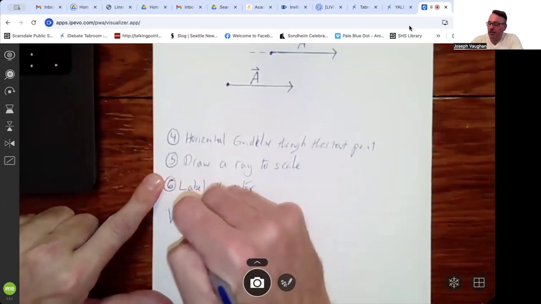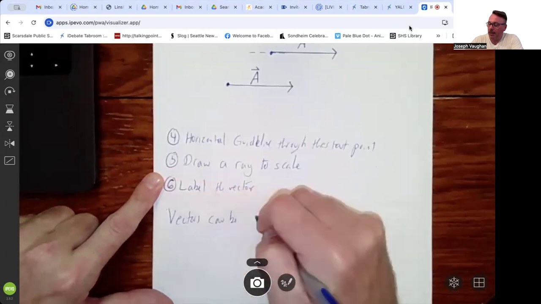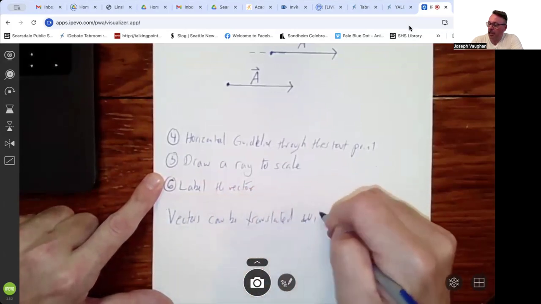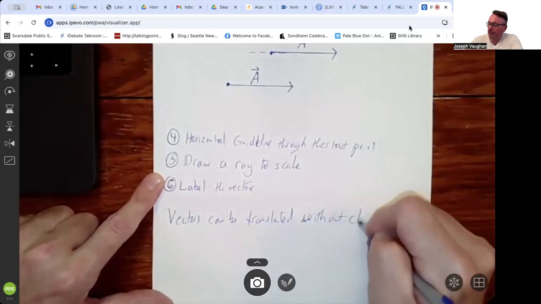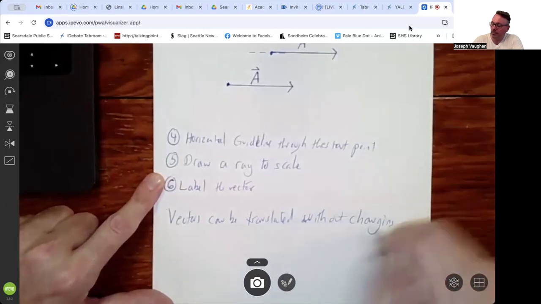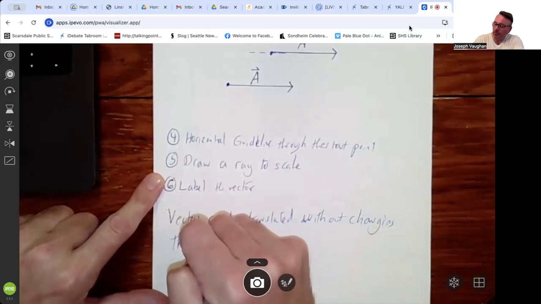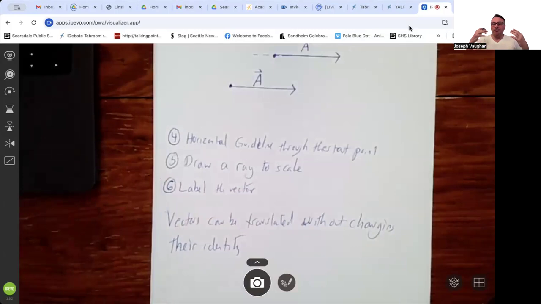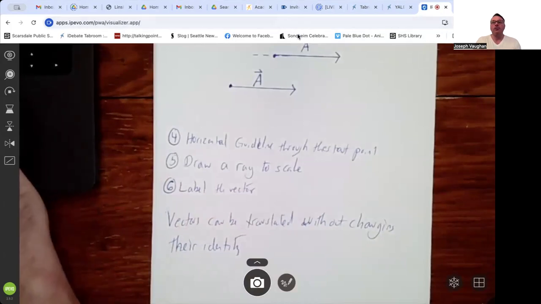And vectors can be translated without changing their identity. And why is that? That's because a vector quantity does not tell you its starting point. And that's going to become important when we go on to vector addition in the next video. So stay tuned for that.